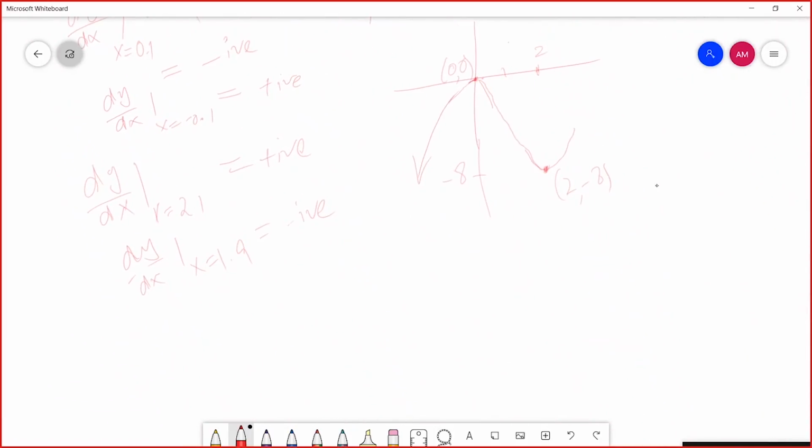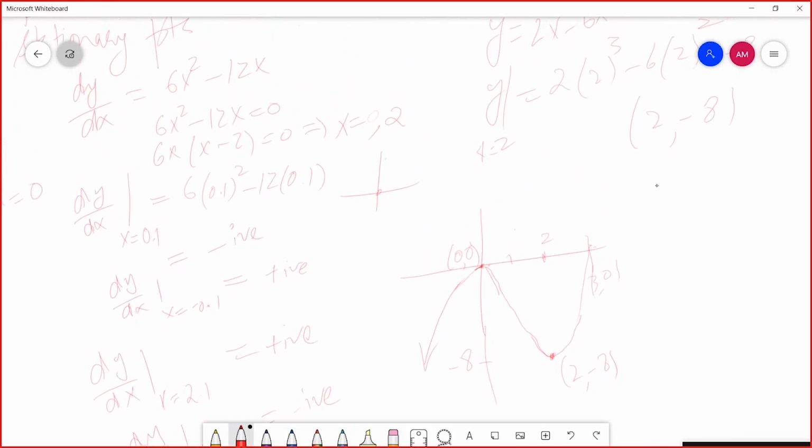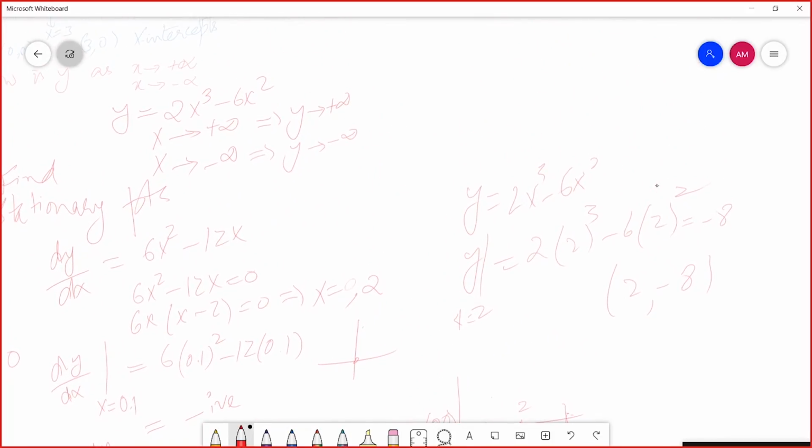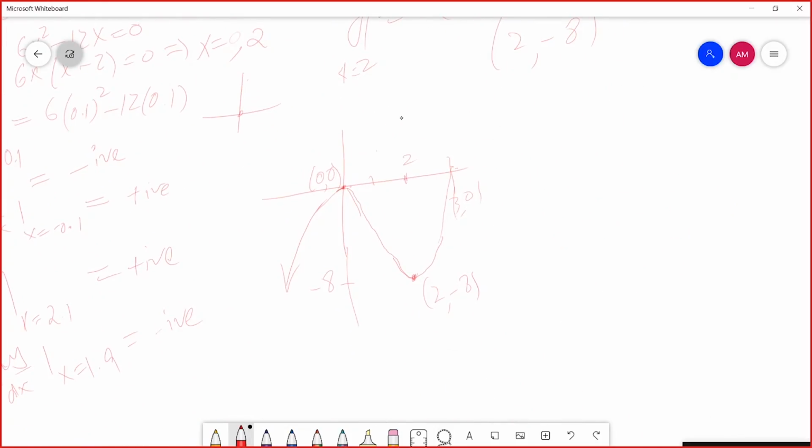So the curve is going here through 3, 0. We also found that as x goes to infinity, y also goes to positive infinity. So we would say it is going like this. So this is the graph. Do you see how we made it?